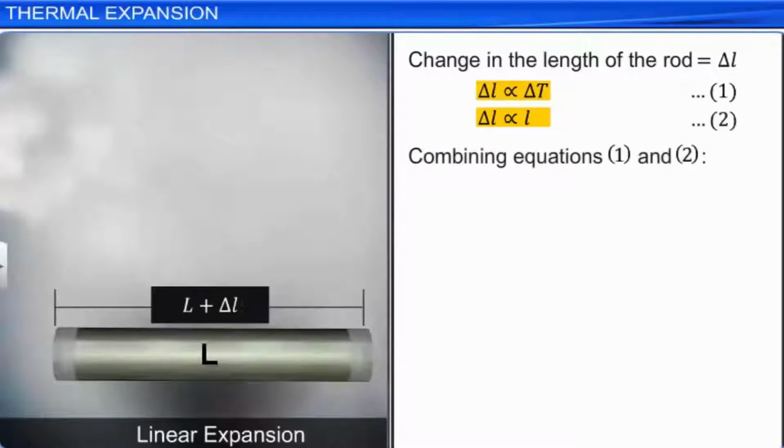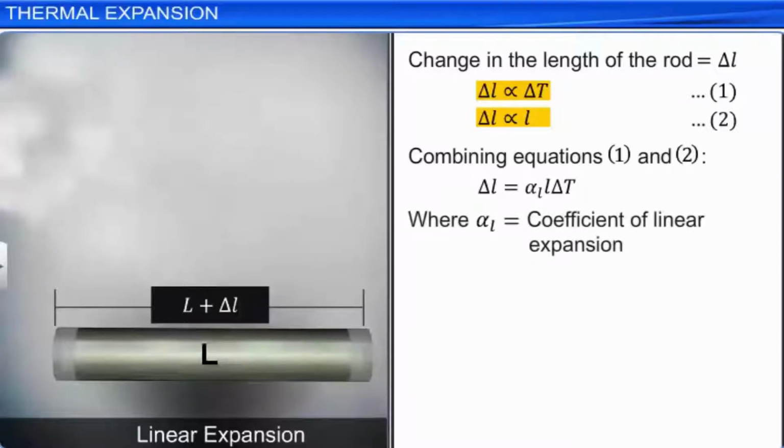Combining equations 1 and 2, we get the expression delta L equals alpha L, L delta T, where alpha L is the proportionality constant called the coefficient of linear expansion and is characteristic of the material of the rod. The fractional change in length, delta L by L, is equal to alpha L into delta T.